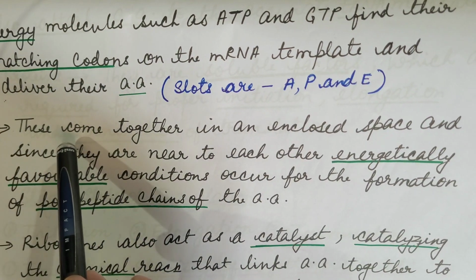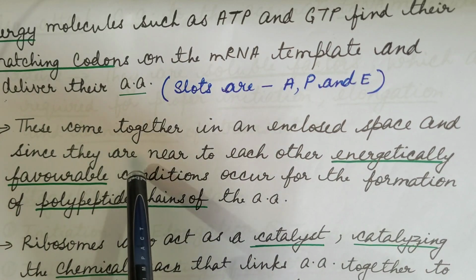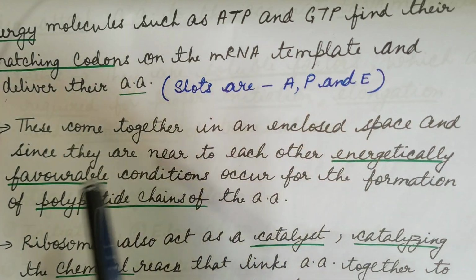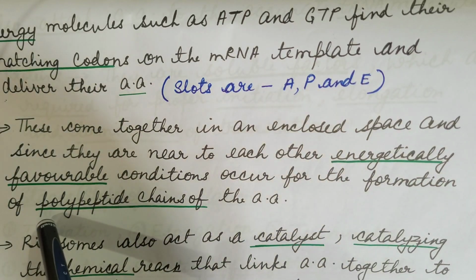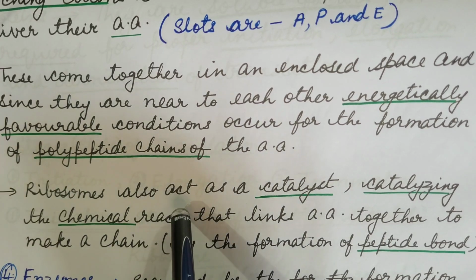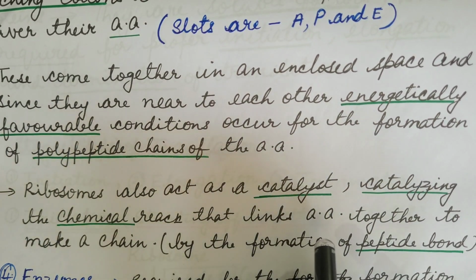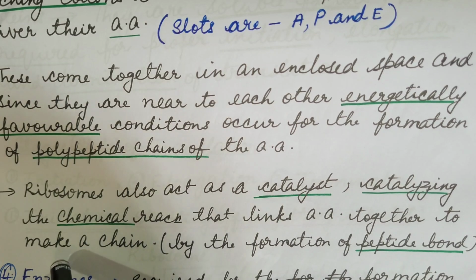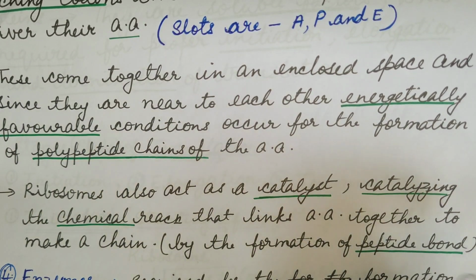Transfer RNA with amino acid come together in an enclosed space, and since they are near to each other, energetically favorable conditions occur for the formation of polypeptide chains of the amino acid. Ribosomes also act as a catalyst, catalyzing the chemical reaction that links amino acid together to make a chain by the formation of peptide bond.